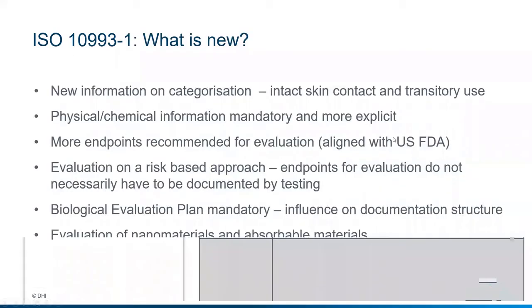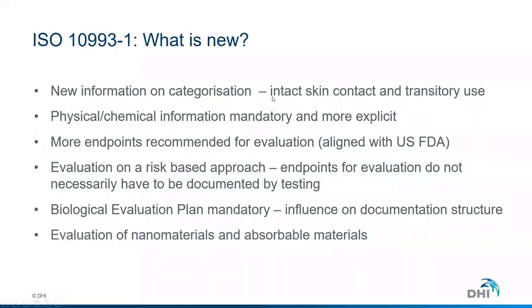So last year, a new version of ISO 10993-1 was published, and most of you may even be familiar with it. But what was new in this standard was that there was new information on how to perform the categorization and what that means to the level of documentation that you need to provide to document biocompatibility. So especially for devices with intact skin contact, it's more specific that risk assessment can be done by comparing to other types of products and materials for devices that are only in intact skin contact.